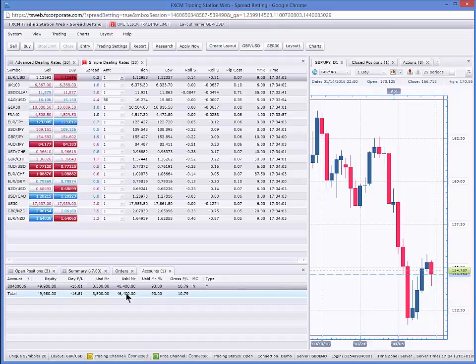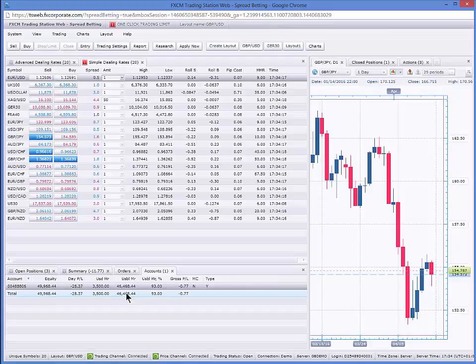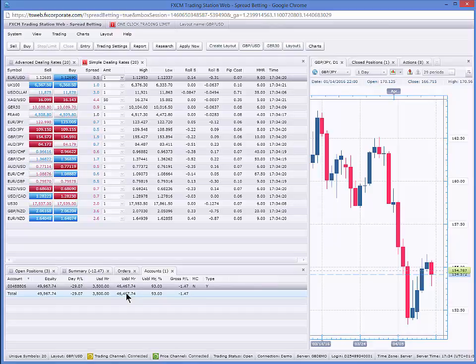So it's important to manage that. Realistically, if you're managing your account properly, if you're engaging in the right level of risk for your trading accounts per trade, then you should never get anywhere near your margin requirement. Okay, you should never get forced out of trades, because you should be risk managing your account properly.